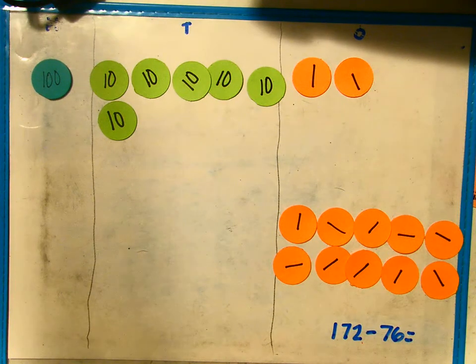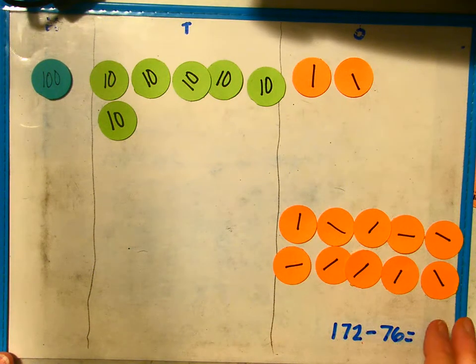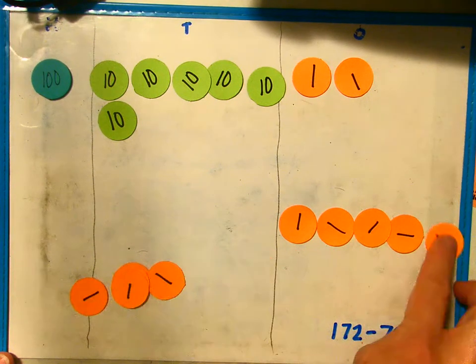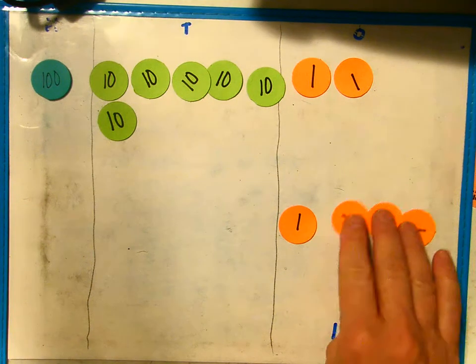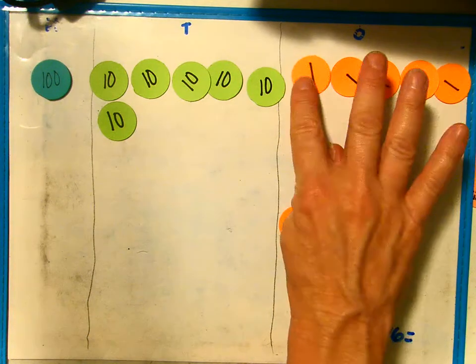Okay, so now can I take 6 ones? Of course. So I have 10 down here. If I want to take 6 of them, that's 5 and 1 more. Good. And I'm just going to move these back up into 5 groups so I can still see what I have left.